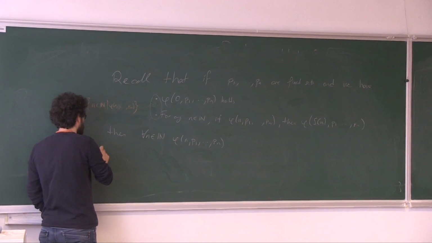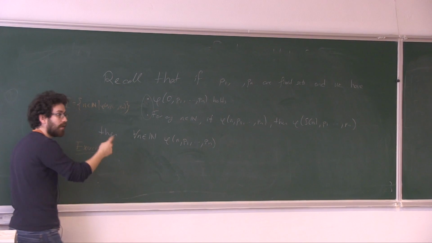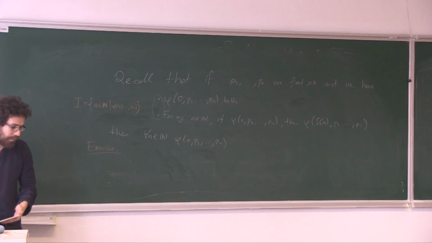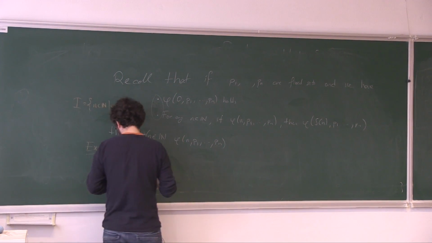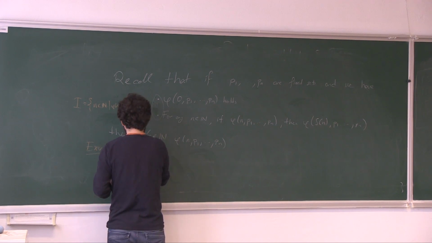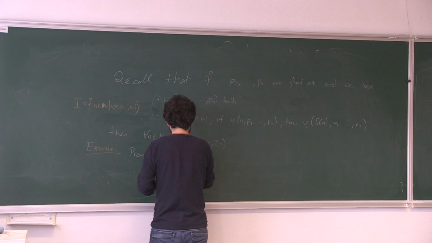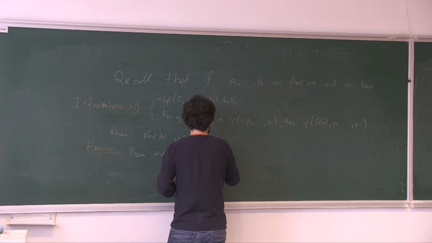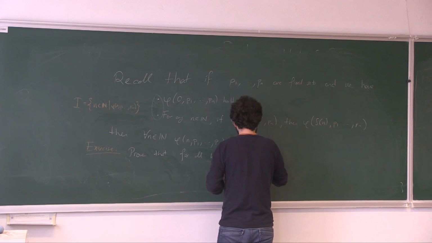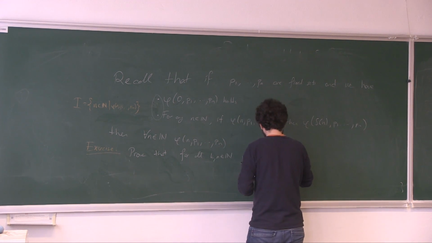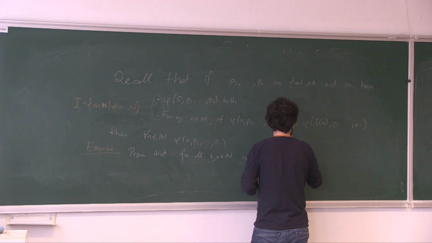Let me assign two exercises that are going to be used in the proof of one of the theorems today. Prove that for all natural numbers k and n, we have the following.